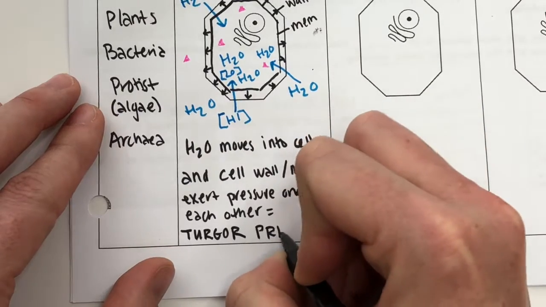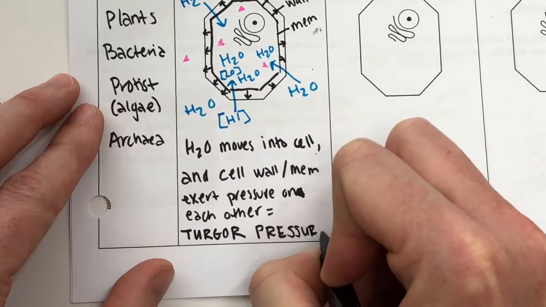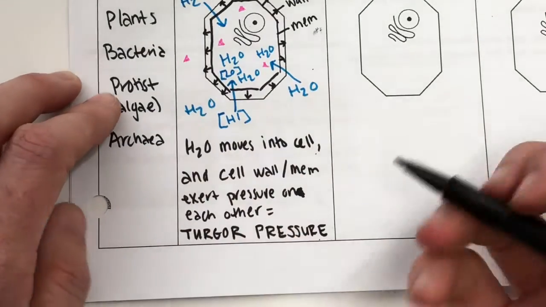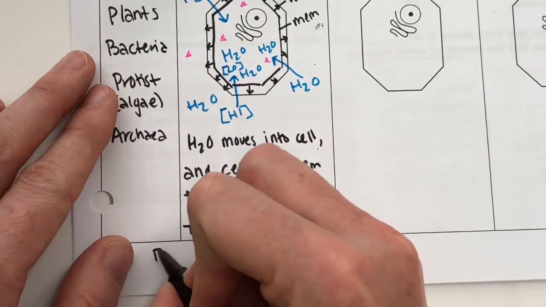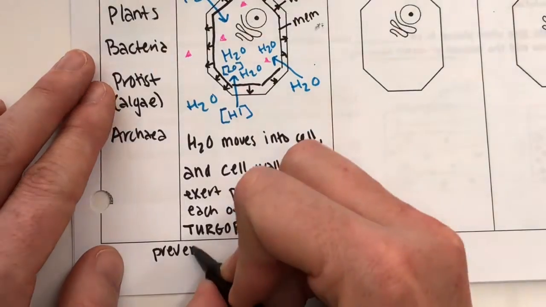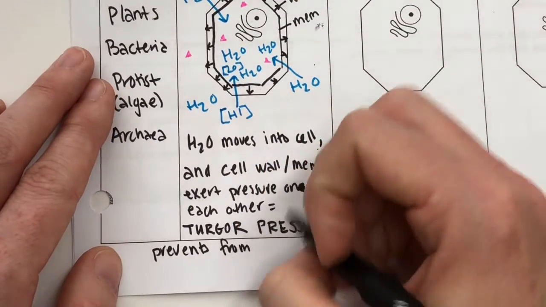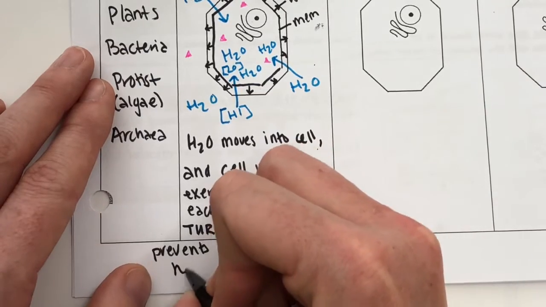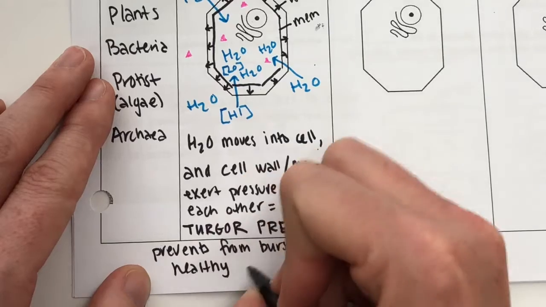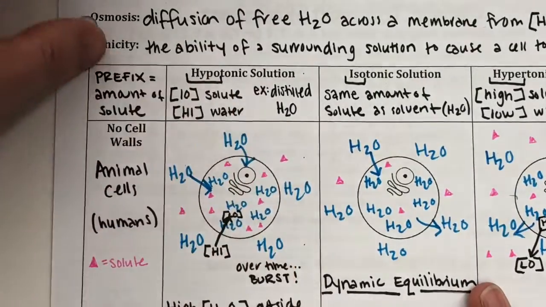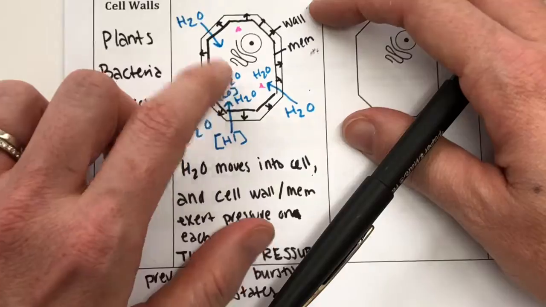Turgor pressure. And it causes the plant or algae to look turgid, which comes from this. And it actually prevents the cell from bursting, because there's this mutual pressure kind of back and forth here. So the cell wall prevents the cell from bursting, which is really good. And this is the healthy state of cells that have cell walls. So this is actually the ideal state, a hypotonic solution for our cells that have cell walls.